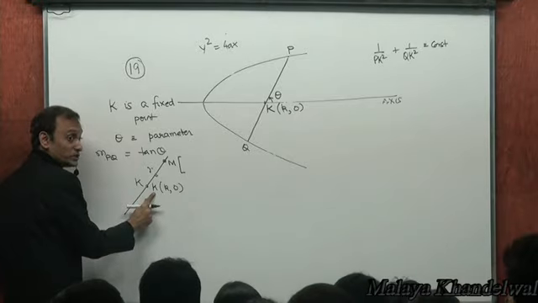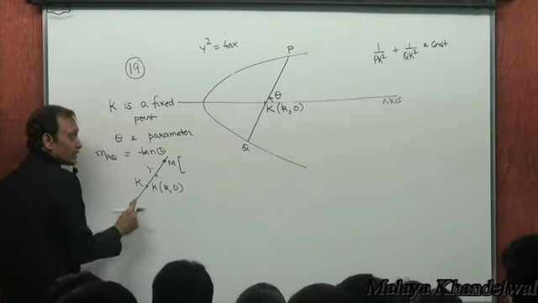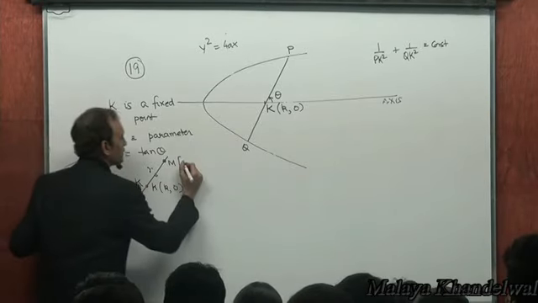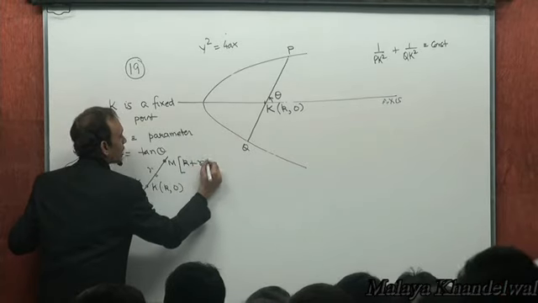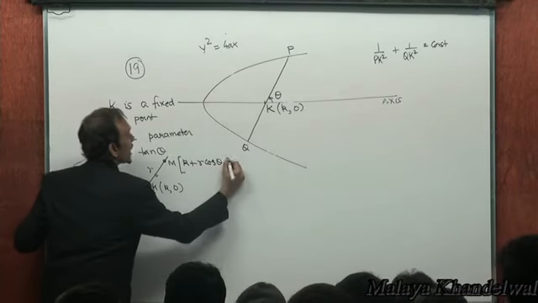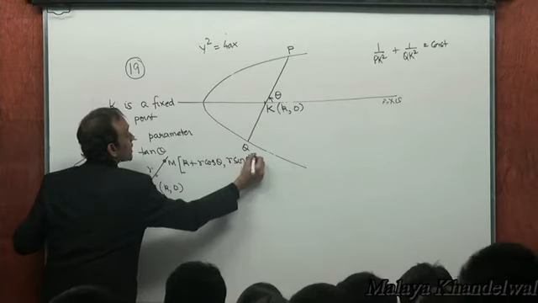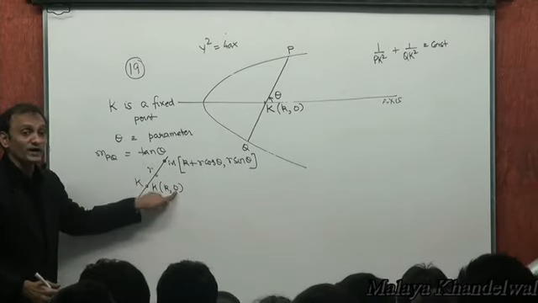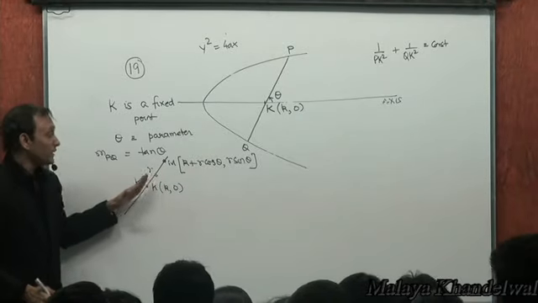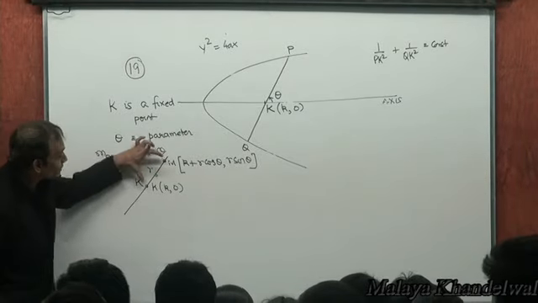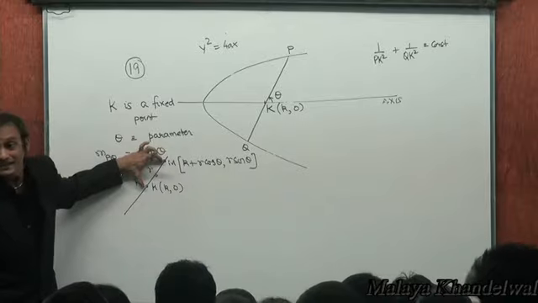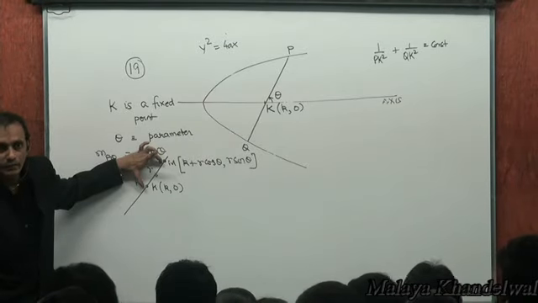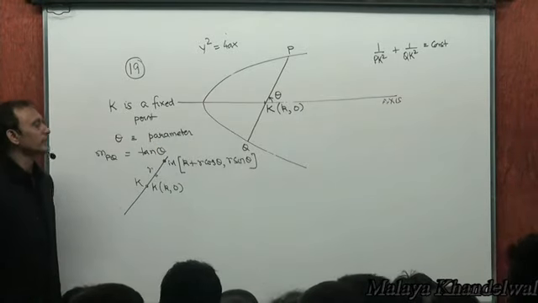This is a reference point. If this distance is r, then any point on this line can be written as k plus r cos theta, 0 plus r sin theta. This is the parametric form of the equation of a line: x is h plus r cos theta, y is k plus r sin theta. At a distance r, mod r will represent KM. Remember the parametric form?